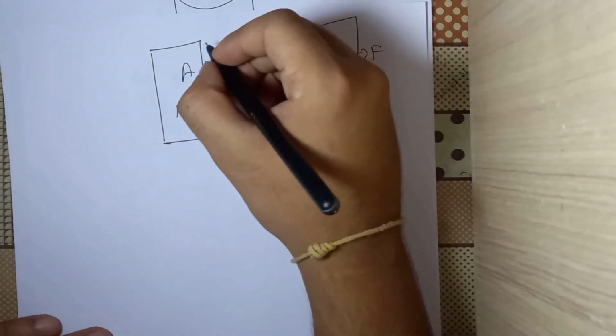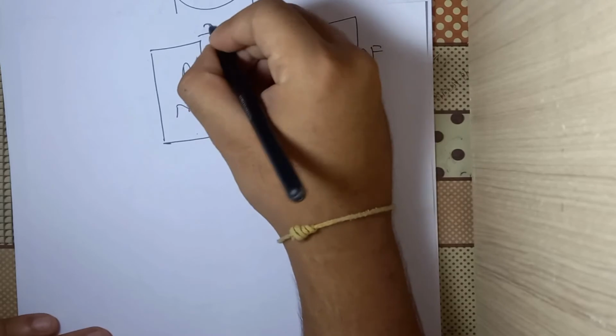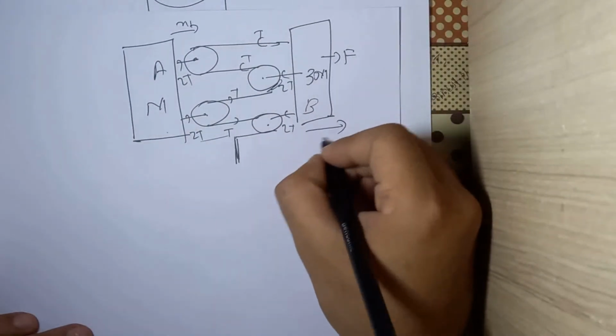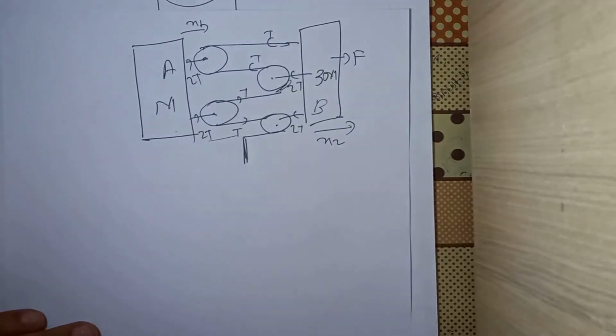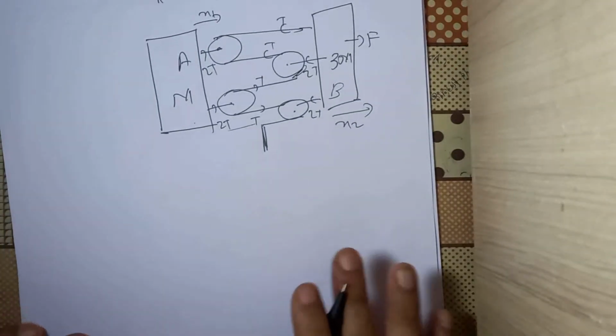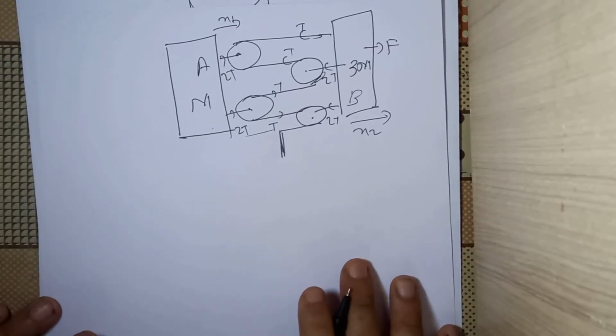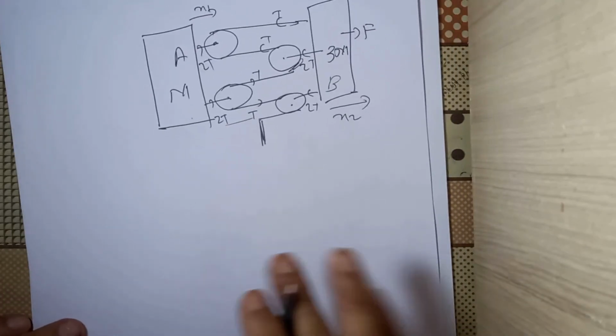Let us say that the motion of A was x1 in the right direction, and the motion of B was x2, let's say this is also in the right direction. I don't know if this is correct or not, but you don't need to worry about this because the equations will be set in this way only.